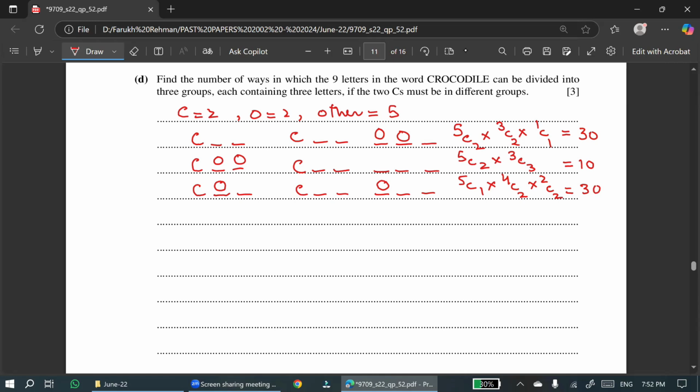Now, the fourth case. Now we will place one O in each of the groups in which there is one C. Now, first of all, we will place the elements in the third group.